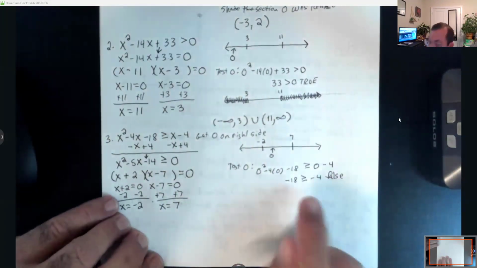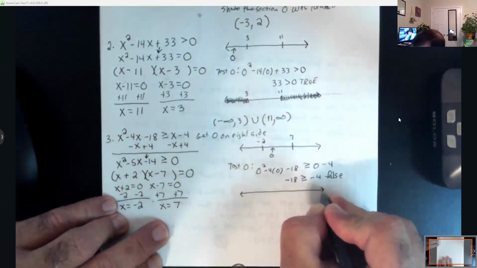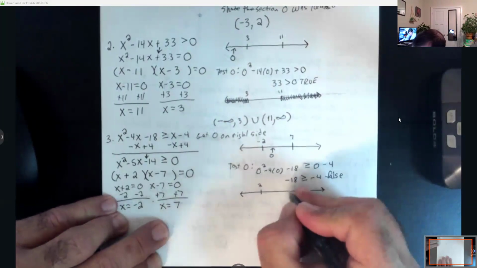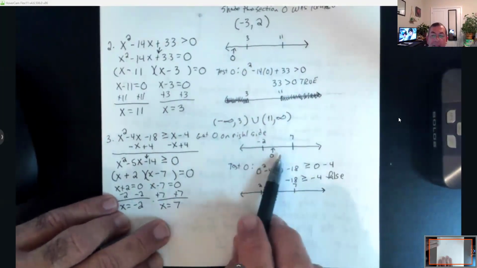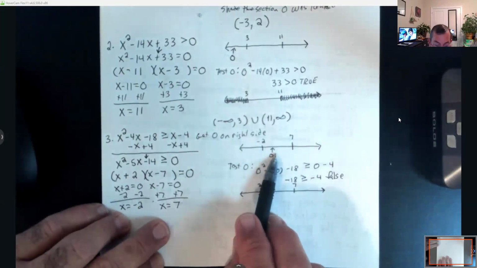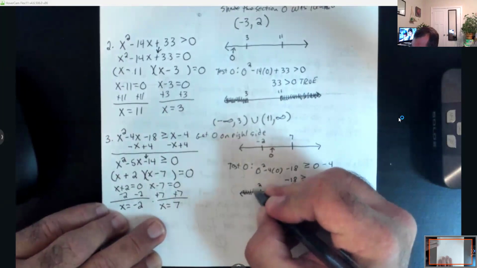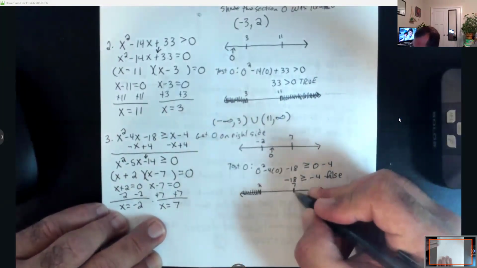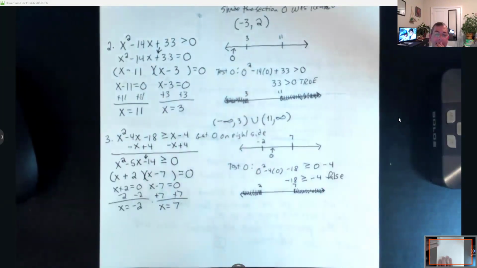So since this is false, I've got my number line. 0 was in the middle and it was false. So that means we got to shade the outside edges. Okay.